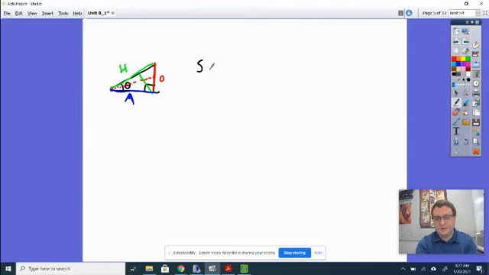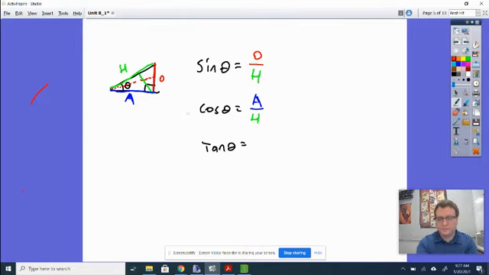Now for the three main trig ratios, we're going to do sine of theta is equal to the opposite over the hypotenuse. The cosine of theta is equal to the adjacent over the hypotenuse. And the tangent of theta is equal to the opposite over the adjacent.